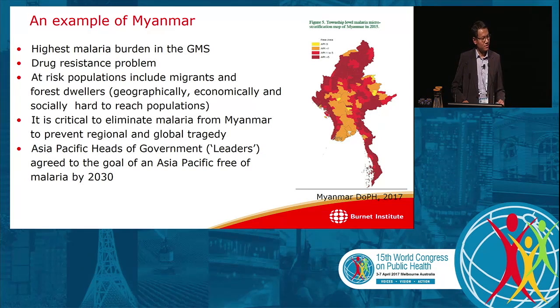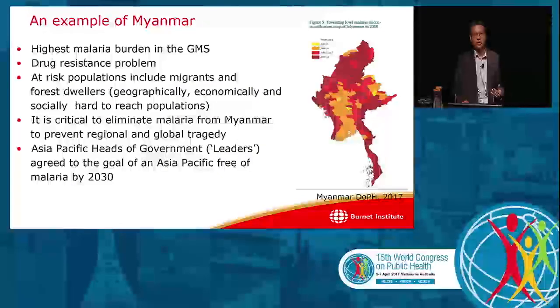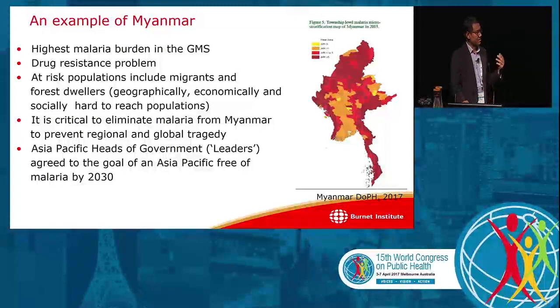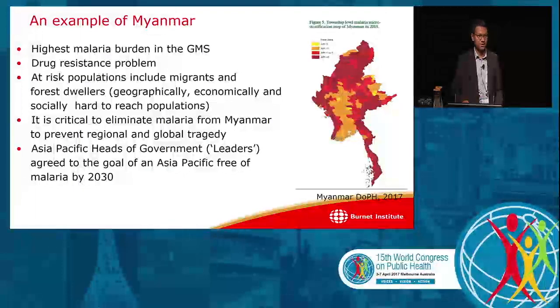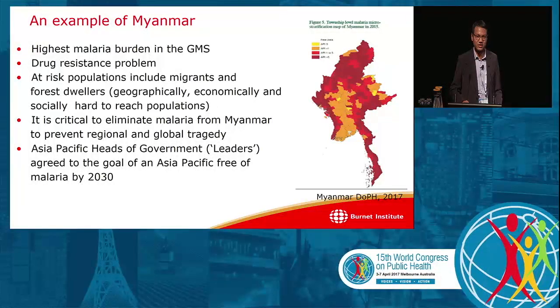It is critical to eliminate malaria from Myanmar to prevent a regional and global tragedy. A number of speakers have already identified border malaria and documented and undocumented migration. There is a lot of documented and undocumented migration happening between Myanmar and Thailand, as well as between Myanmar and the Yunnan province of China.